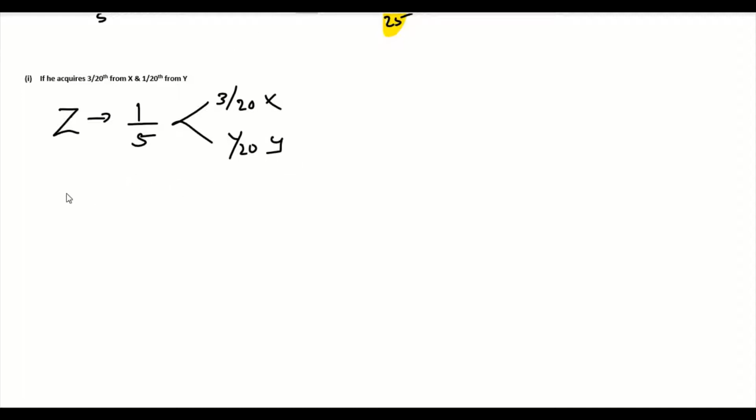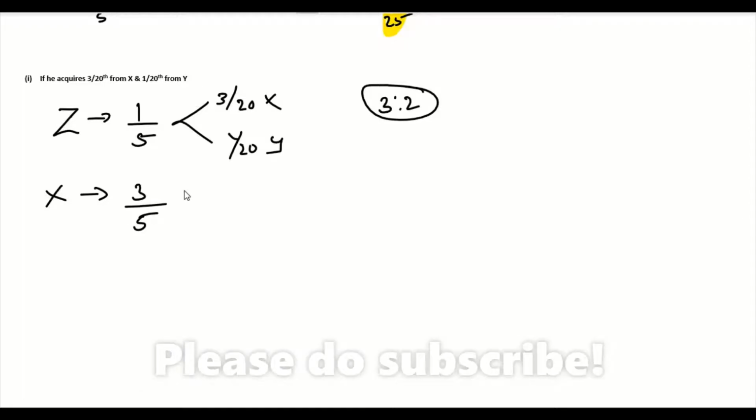Now how much is X's share of new profit? His original share was 3/5. Minus the 3/20th of profit he gave away, that gives 12 minus 3 over 20, which is equal to 9/20.